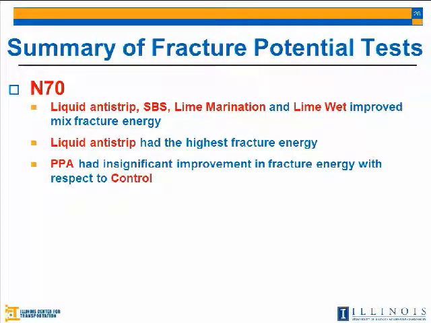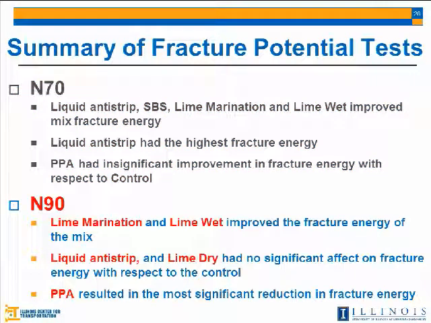So the summary, in the case of N70, the liquid anti-strip and the SPS and lime marination and wet methods all improved the fracture energy. The liquid anti-strip had the highest value. The PPA resulted in no significant improvements when compared to the control mix.